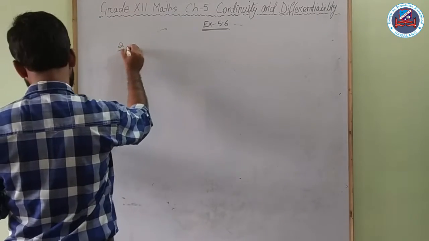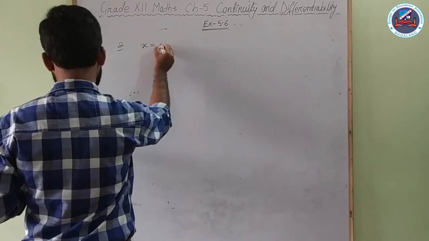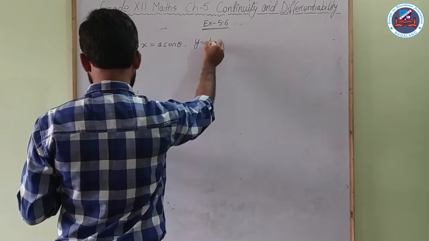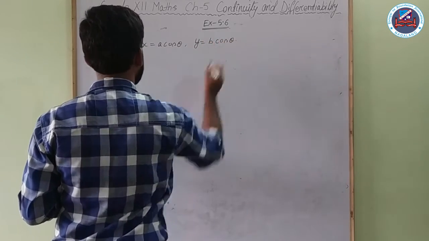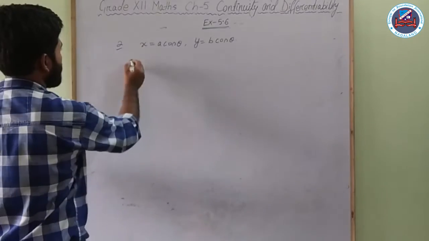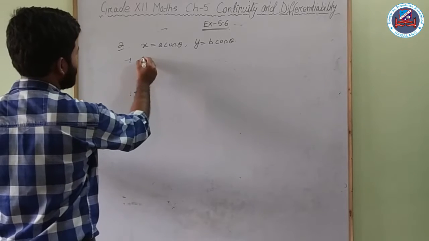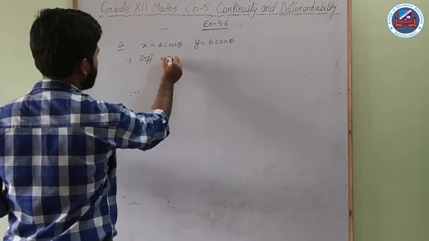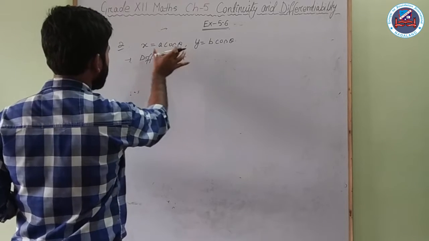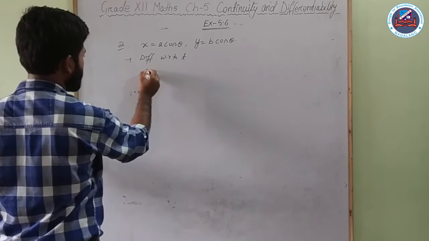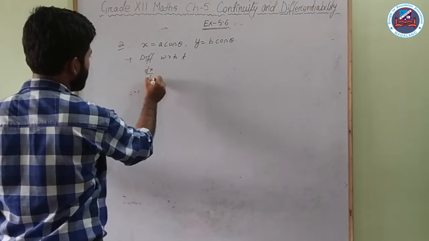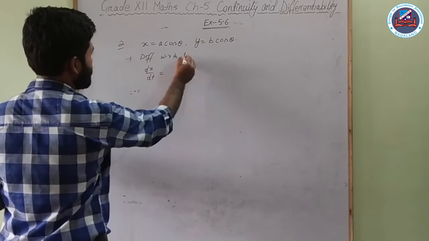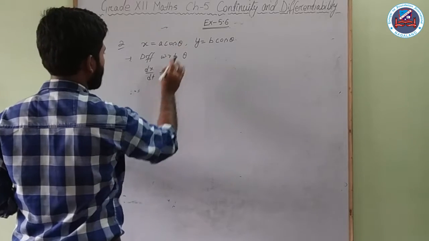Let us see question number 2. Here they have given x is equal to a cos theta and y is equal to b cos theta. So how to do it? Differentiate this with respect to theta first, because we have the parameter as theta.